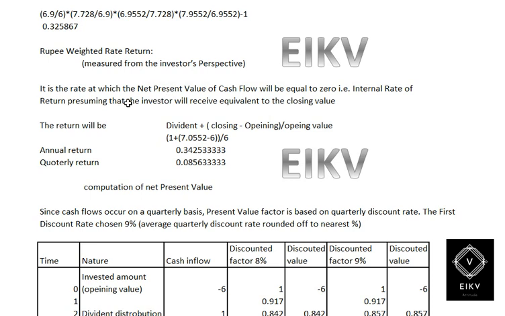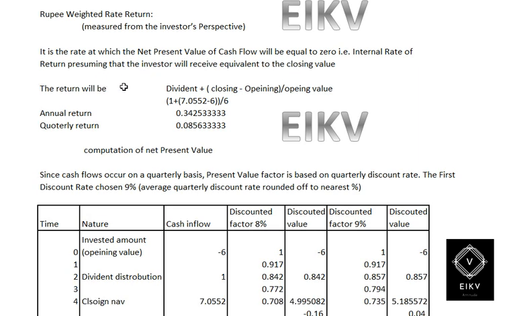That is the internal rate of return, presuming that the investor will receive an amount equivalent to the closing value. The return will be dividend plus closing minus opening divided by opening value, which will give you 1 plus 7.0552 minus 6 divided by 6, which gives 34.25%, which will be converted into quarterly. It would be 8.5633%.